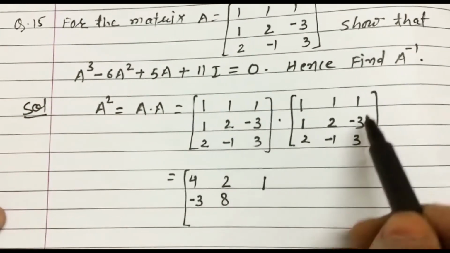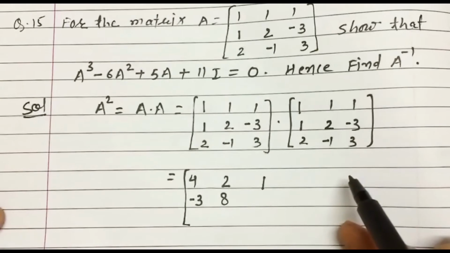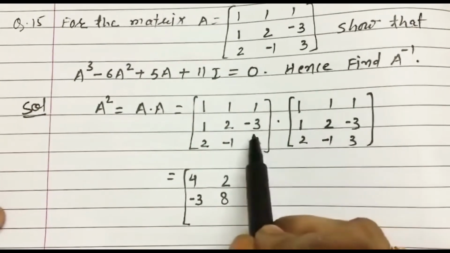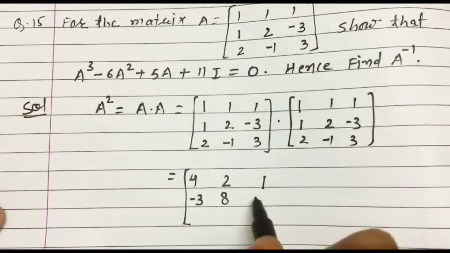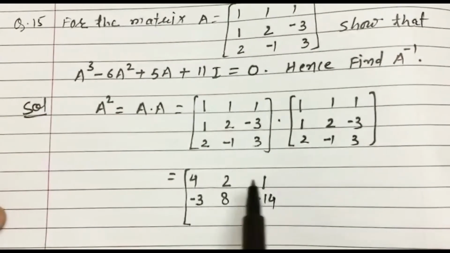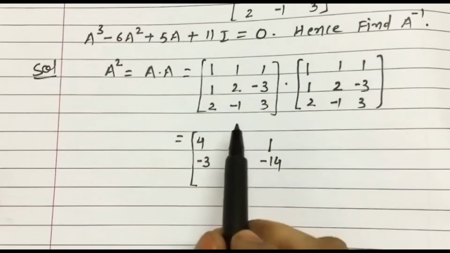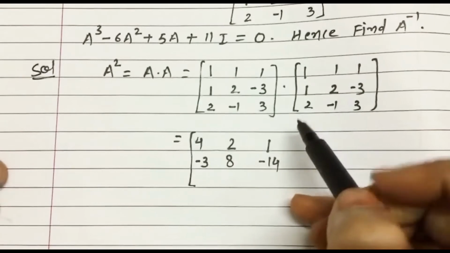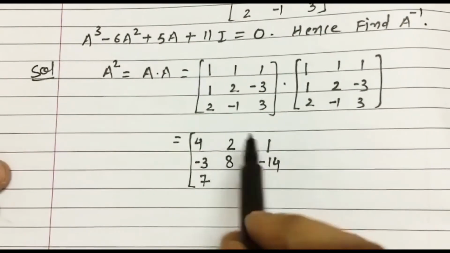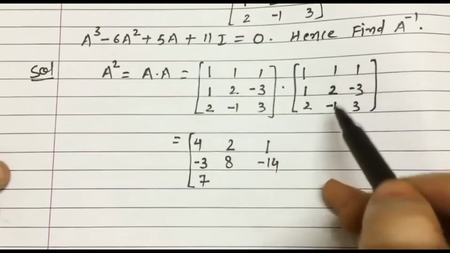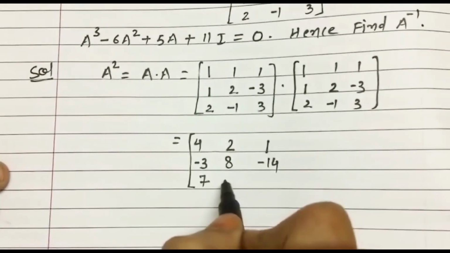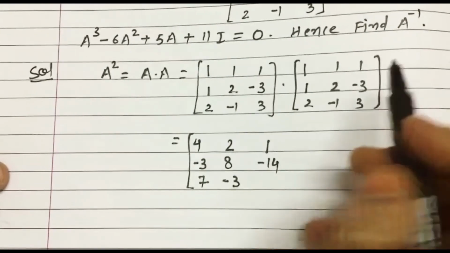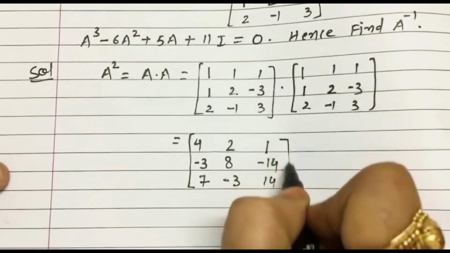Now same row multiply with the third column: 1 into 1, plus 2 into minus 3, plus minus 3 into 3, it's minus 14. Now multiply third row with the first column and you will get 7. Same row with the second column, you will get minus 3, and with the third column, it's 40.